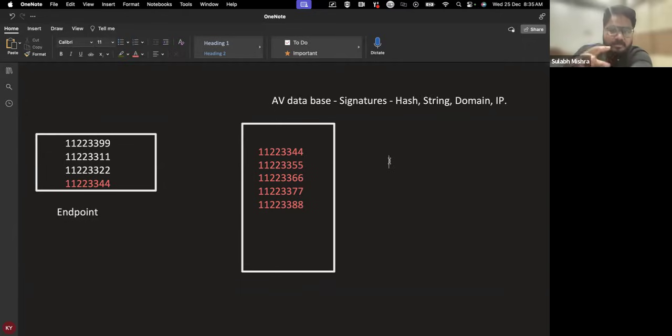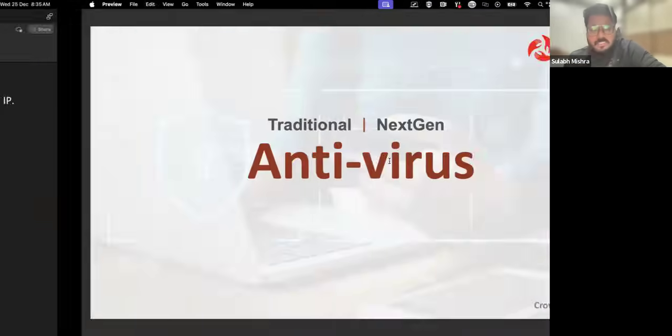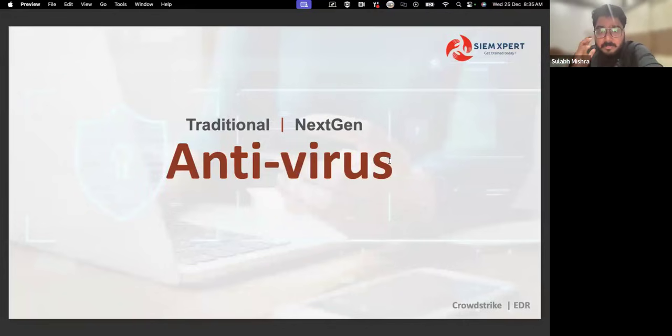Now let's get into next-gen antivirus. When it comes to next-gen antivirus, they added some features in terms of detection. Have you all heard of this solution called McAfee? Yes.